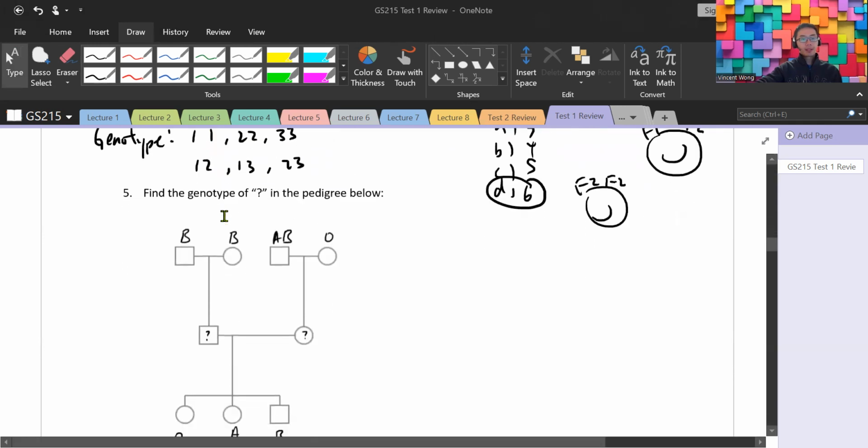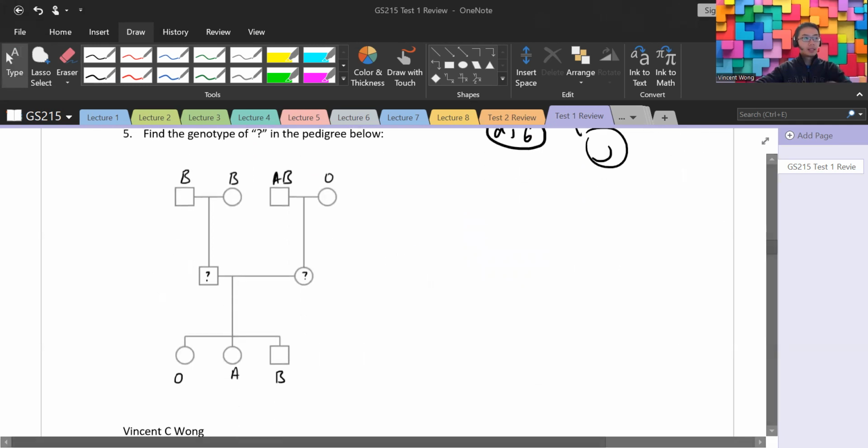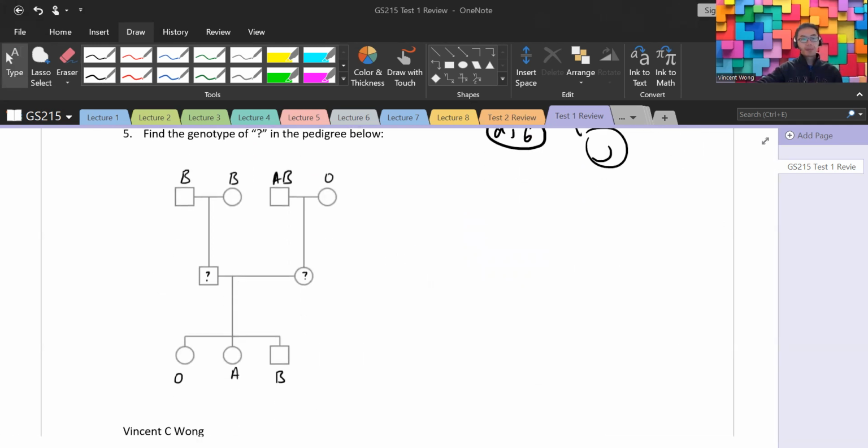Okay. Find the genotype of the question mark. Again, you can try that if you haven't already, and we'll take it up in a bit. If you have an answer that you would like to share, please do so.